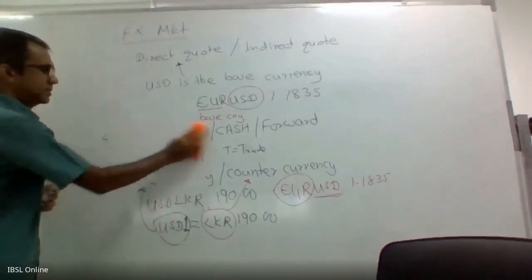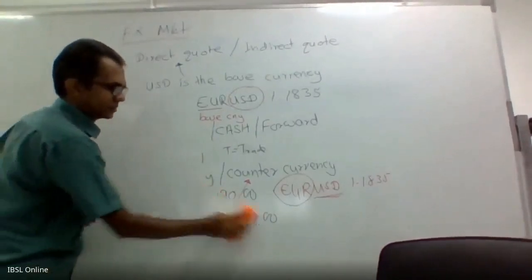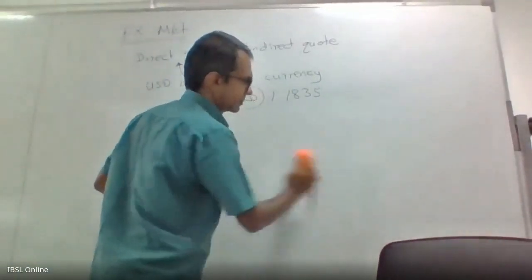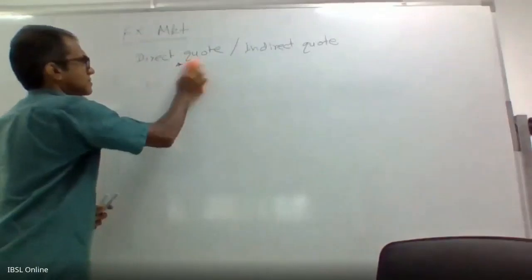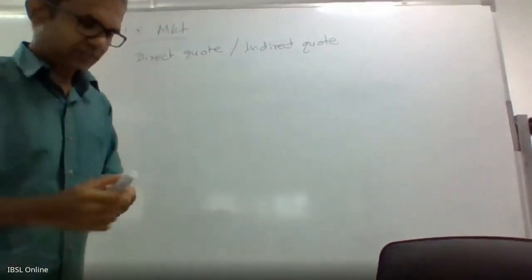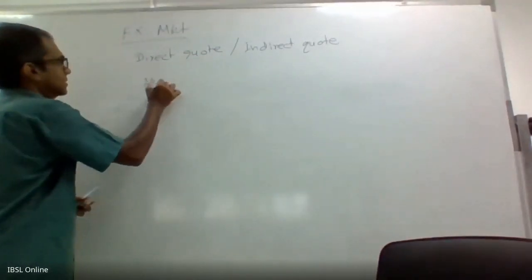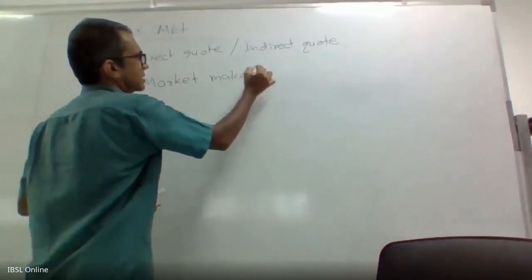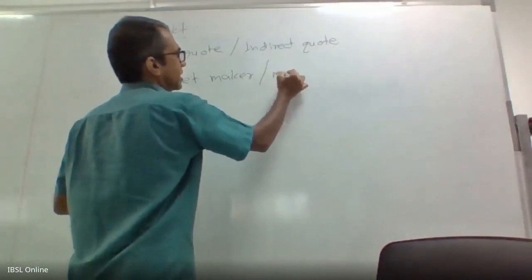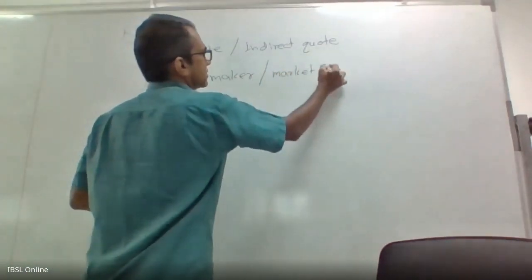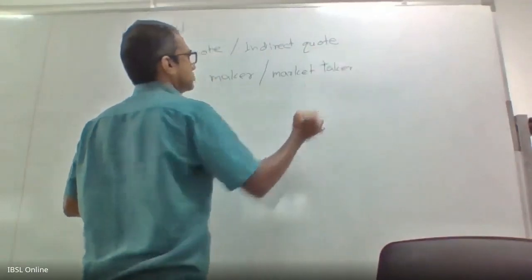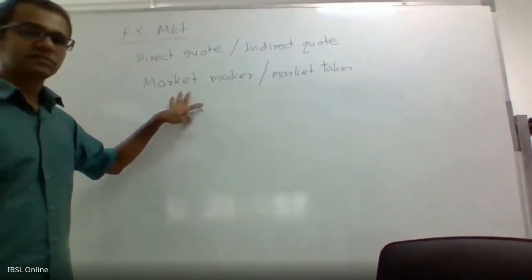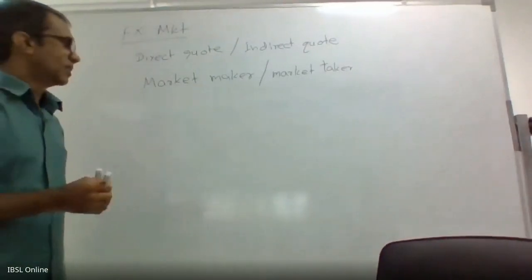Apart from that, we discussed two-way quotes. What's a two-way quote? Before that, we discussed market maker and market taker. Who is the market maker? The market maker is the one who is giving quotes to others.